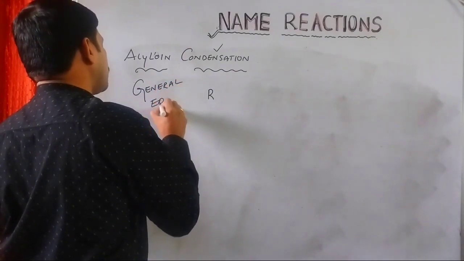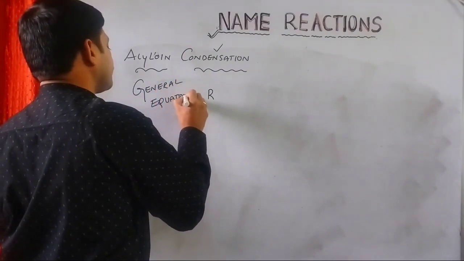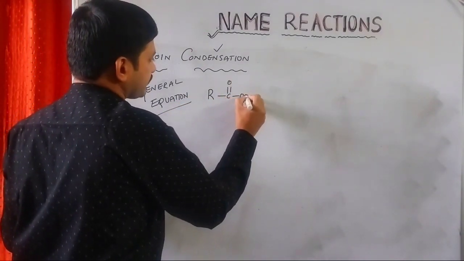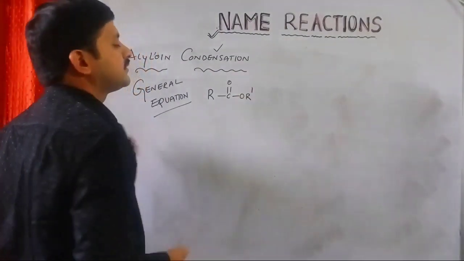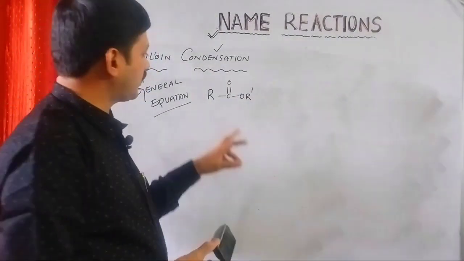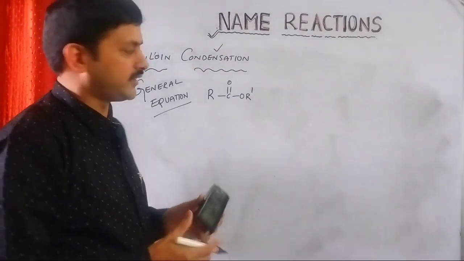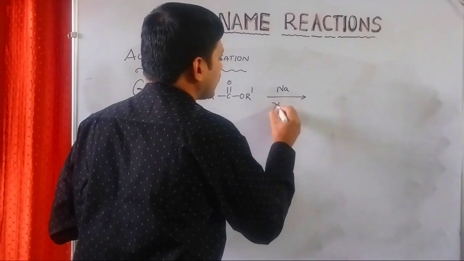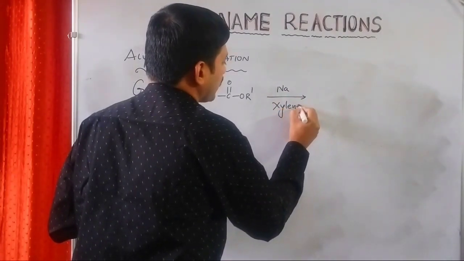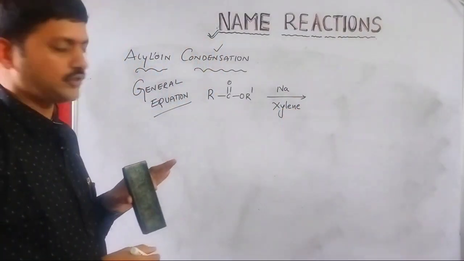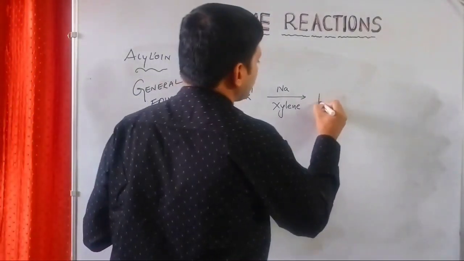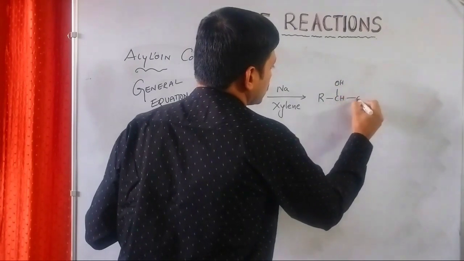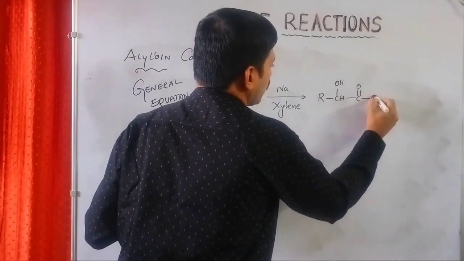The simple representation of ester is RC double bond OR dash. Here we have taken sodium, for example, and used the solvent xylene initially. So it will come up with R single bond COH, H single bond C double bond OR.